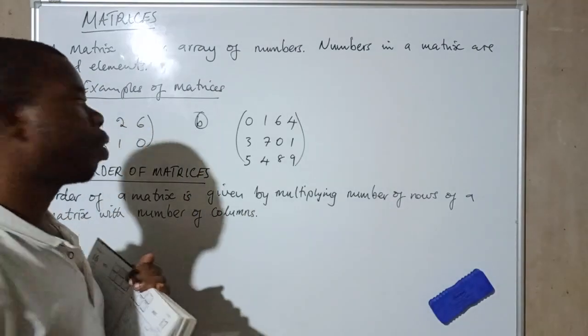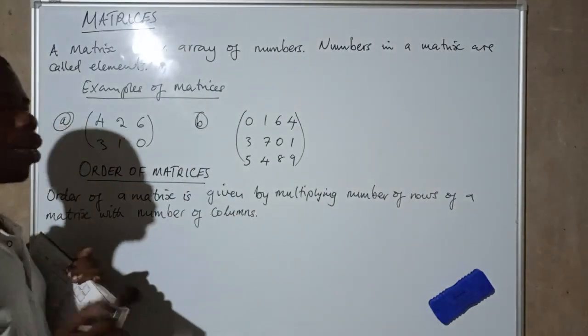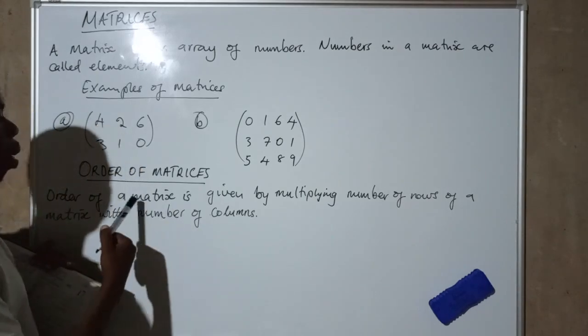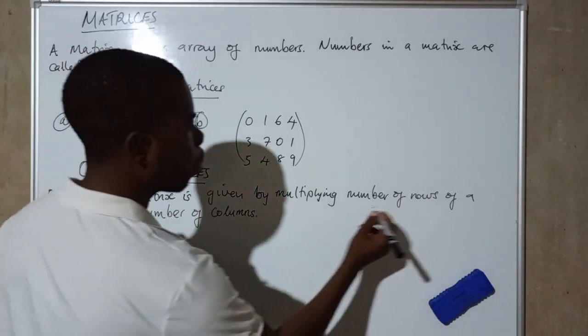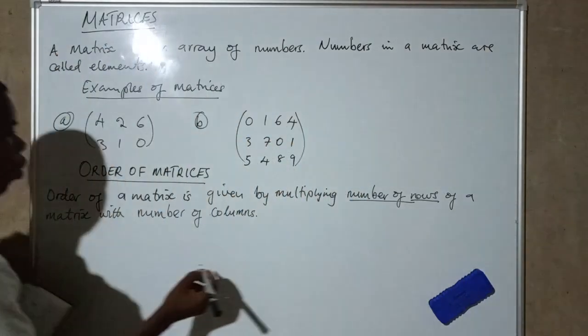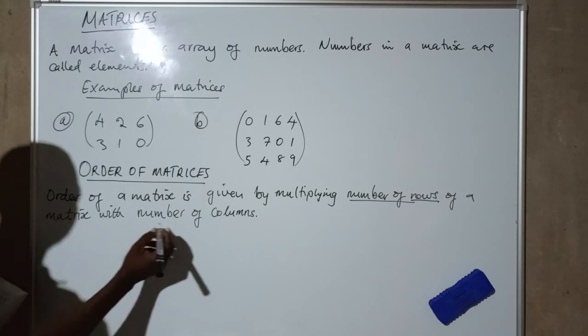So when you hear order of a matrix, it means you are trying to give the number of rows in a matrix, multiplied by the number of columns.